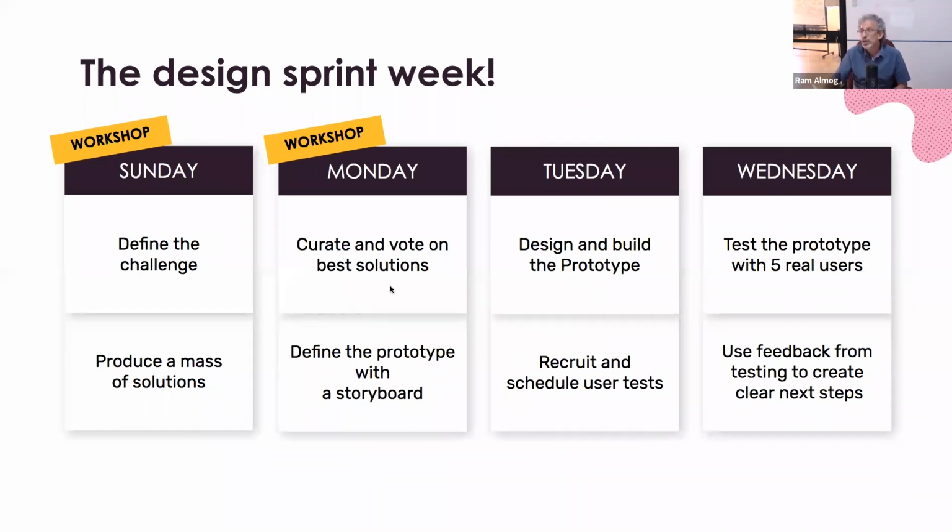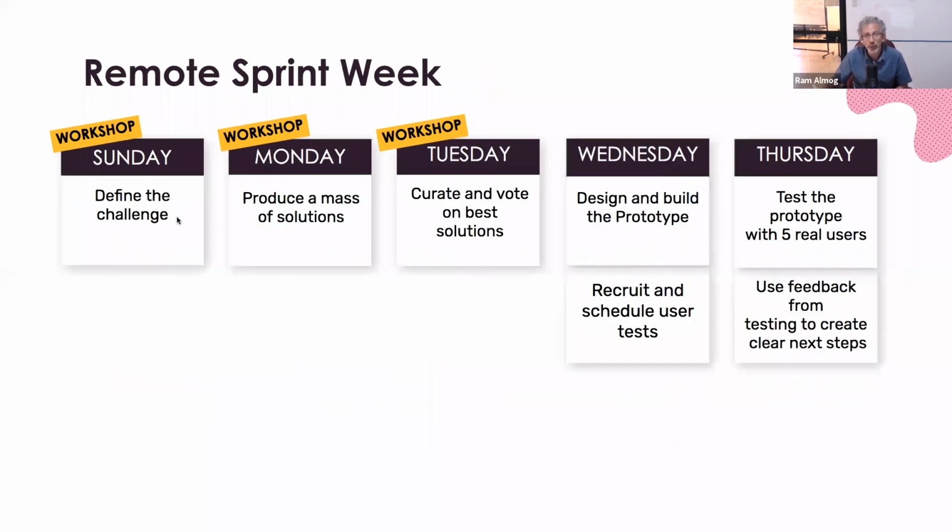So we rearranged the entire workshop and divided it into 3 small 3-hour workshops because they couldn't make themselves available for a day. We did remote sprints before, but with Sheba, we had much stricter constraints on what they could offer.